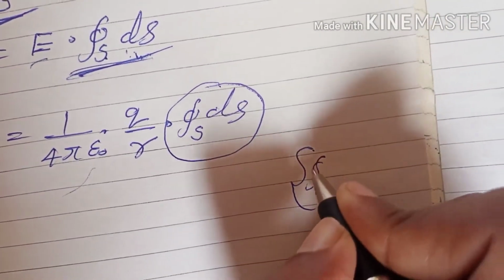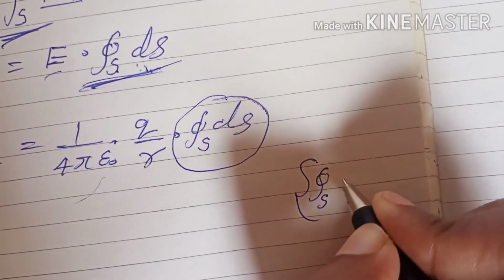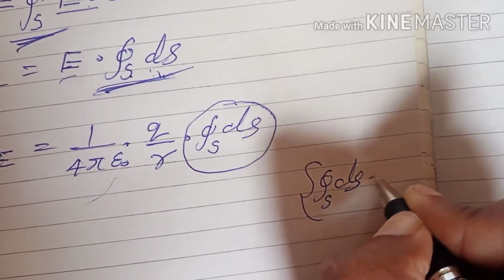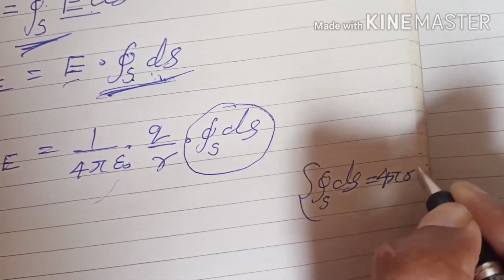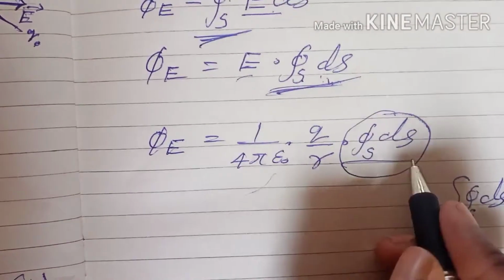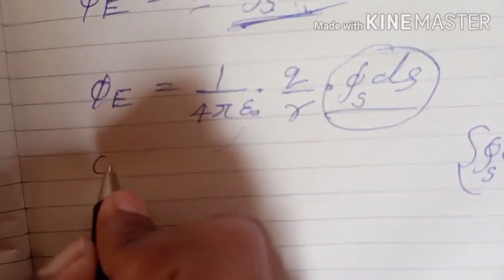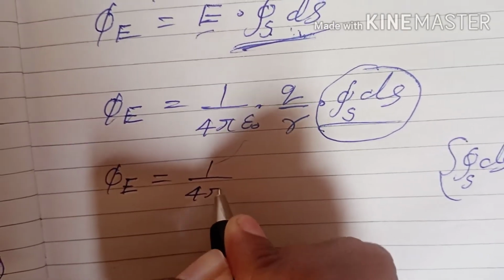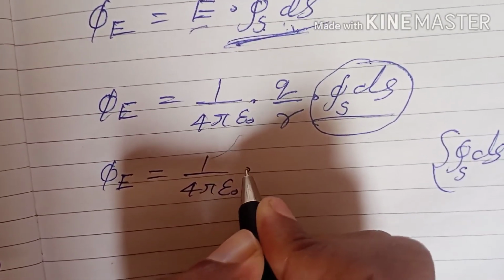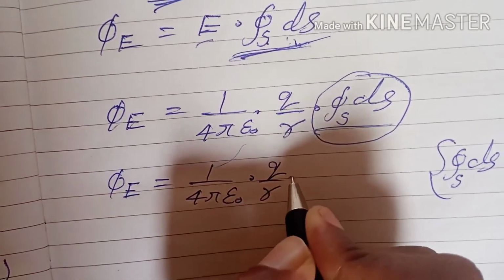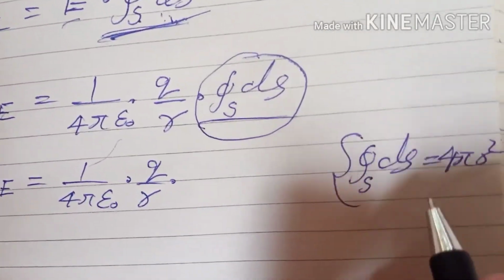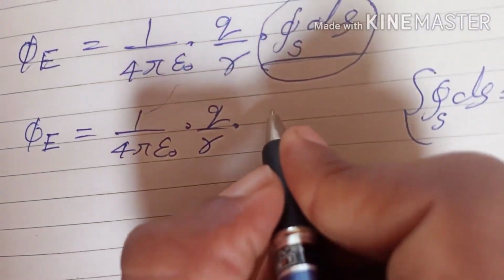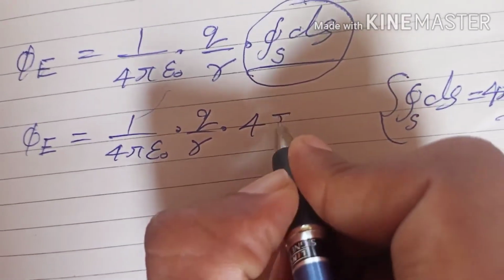We use this here. Phi E is equal to 1 upon 4 pi epsilon naught into q upon r square, times 4 pi r square, the total surface area of a sphere.